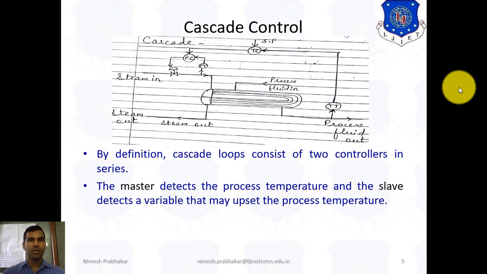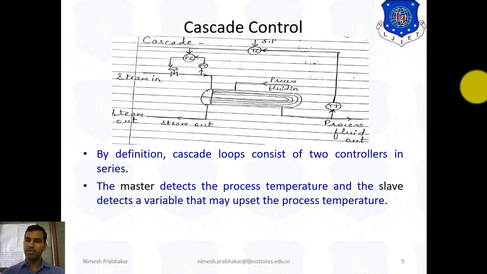That means when we use the master controller that detects the process temperature, the main aim is controlled by the master, and there are a number of variables or reasons due to which the temperature varies. So the slave controller controls that variable.